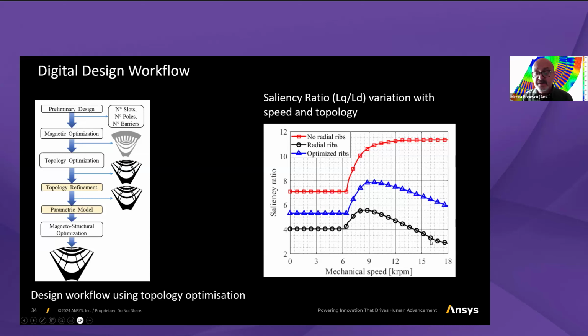Then with ribs, this is what's happening with the black line. And then in the middle through optimization, we reached a compromise using the topology optimization to improve what was originally obtained.